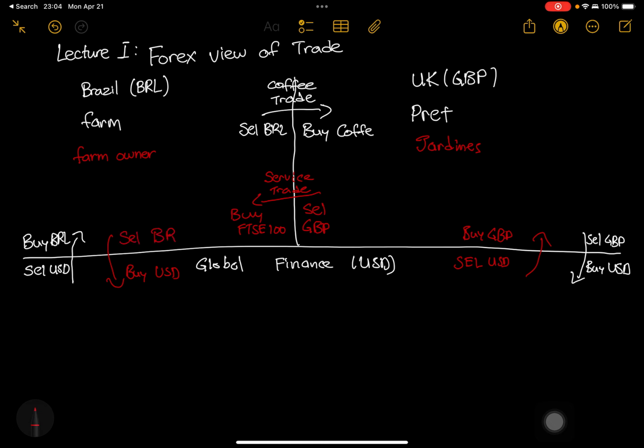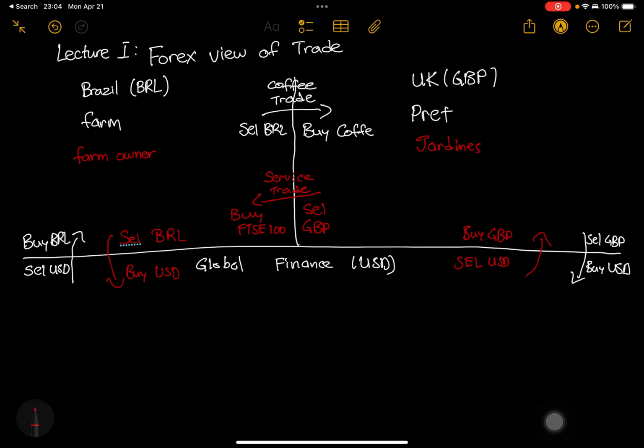So this is a service trade. From a monetary currency perspective, it's the same as an export from the UK to Brazil. This service trade can be anything. Maybe the Brazilian wants to contact a London headhunting firm to recruit, as that's a service that the UK is very well known for.